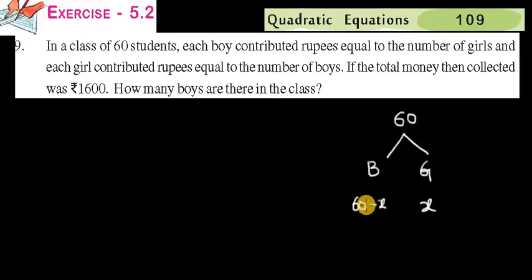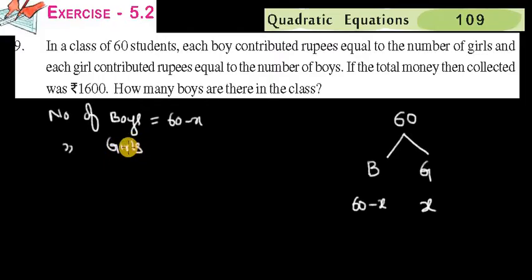So let us assume that the number of boys is equal to 60 minus x and the number of girls is equal to x. So this is the first step. Now come to the question.